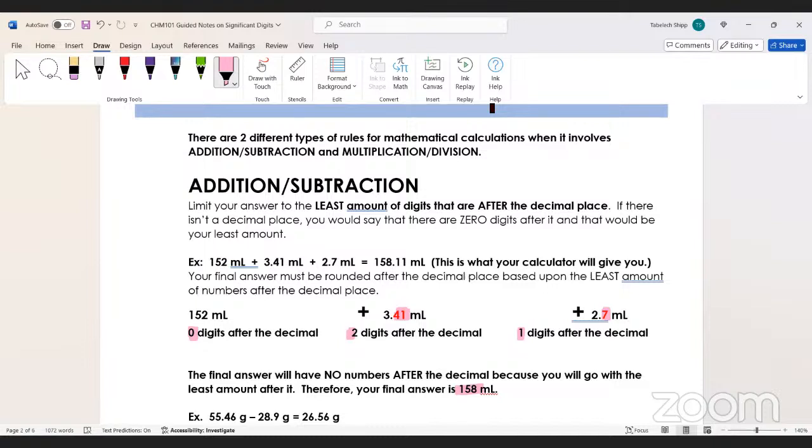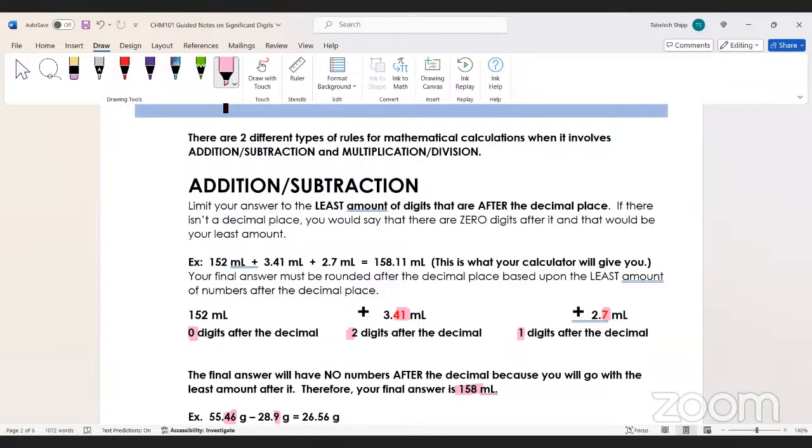Jacqueline said 27. Well, let's look to see how many sig figs you should have after the decimal. Right here, we have 2 significant digits after the decimal in 55.46. But over here in the 28.9, we have 1 significant digit after the decimal.